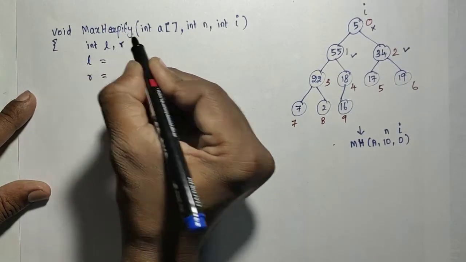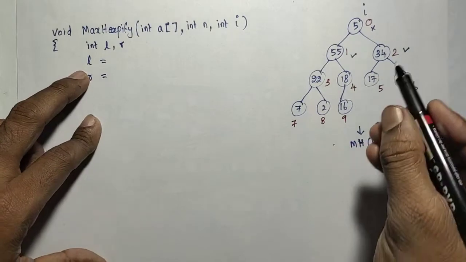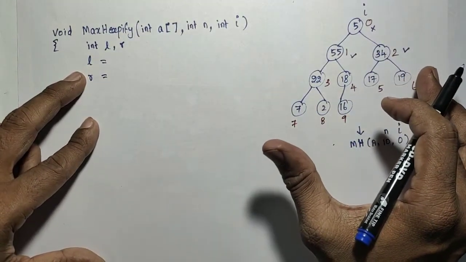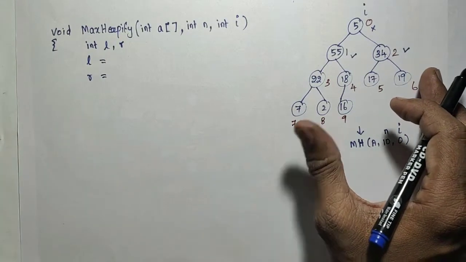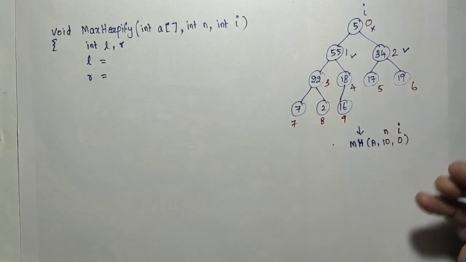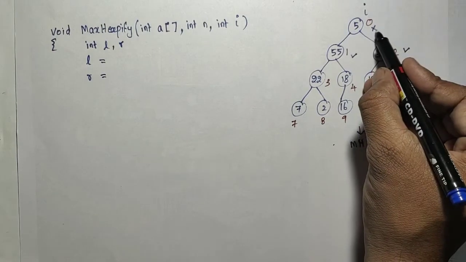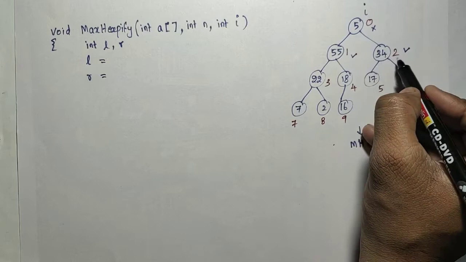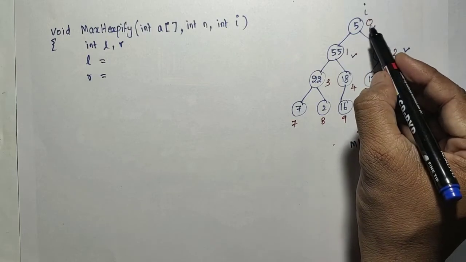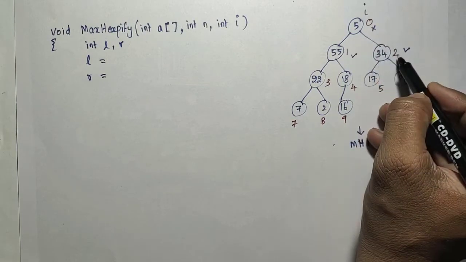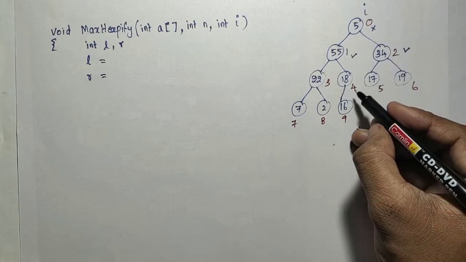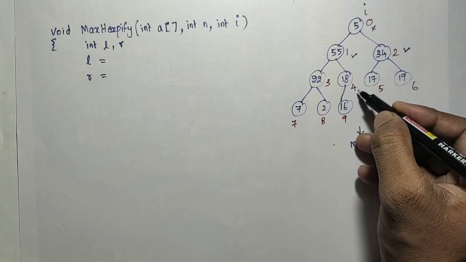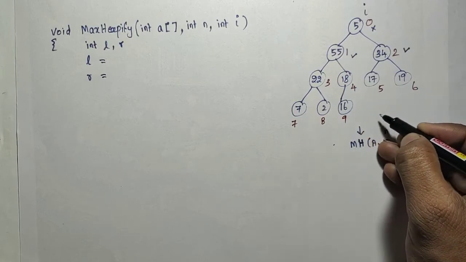Okay, so for the left of I, we already know in the array representation, if you want to find the children of a particular ith node, it is 2i plus 1 and 2i plus 2, if the index starts from 0. For example, the 4th node's children are 2 into 4 plus 1, which is 9, and 2 into 4 plus 2, which is 10.